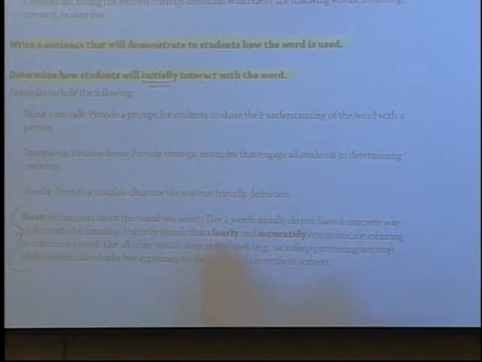So use only visuals that clearly and accurately communicate meaning to introduce a word. Use all the other visuals later in the week. When you get to those deep processing activities and you're talking about what it is and what it's not, that might be a time that you can use those other visuals. But that's after they've had a few exposures.